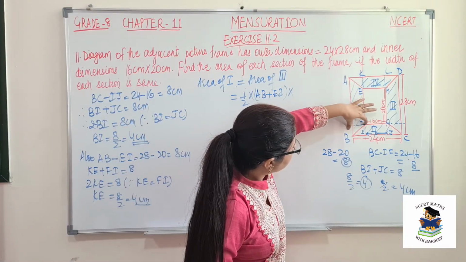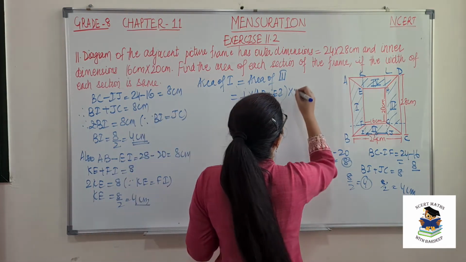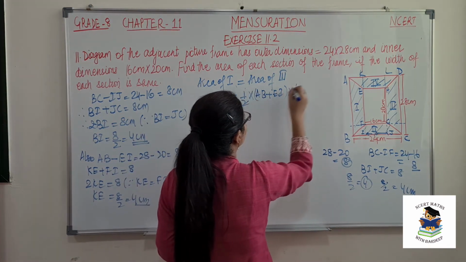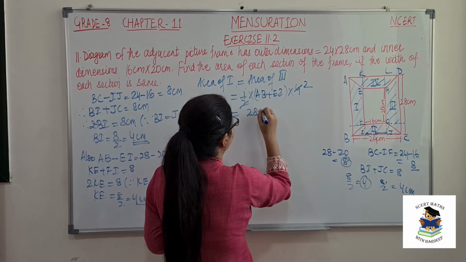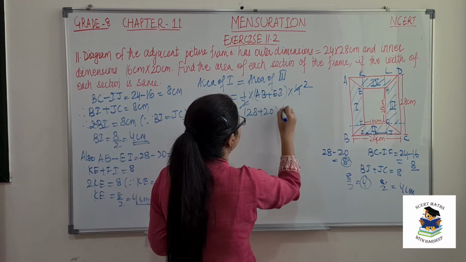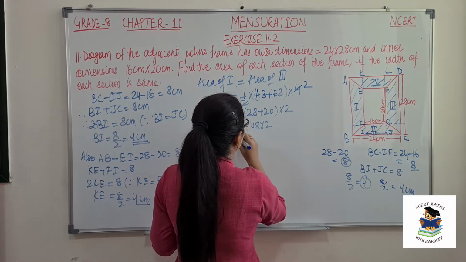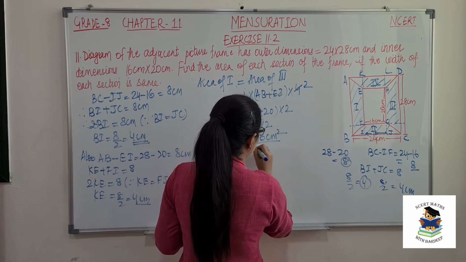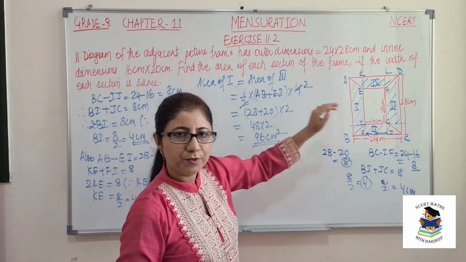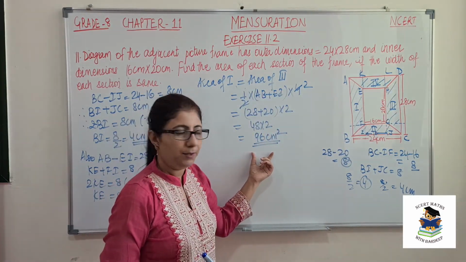The perpendicular distance, we have already calculated as 4. So into 4, this 2 and 2 will be cancelled. So AB is 28 plus 20, into 2. So this is 48 into 2, that is 96 centimeter square. So area of section 1 and area of section 3 is 96 centimeter square.